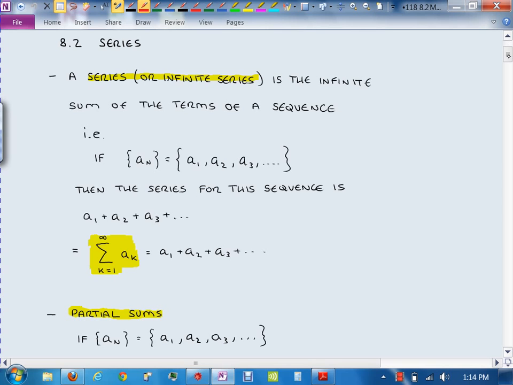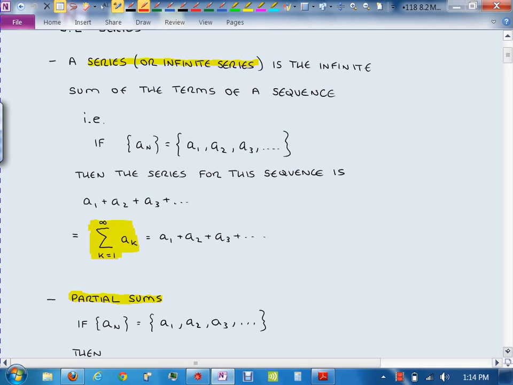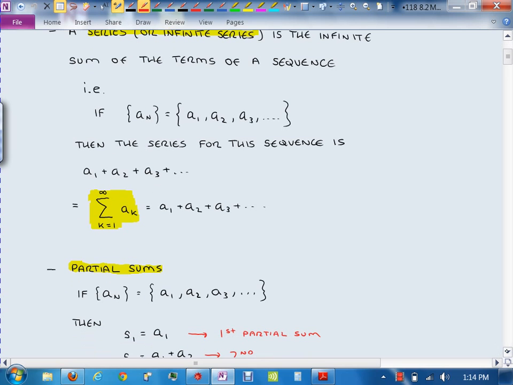So we introduce a new notation here, which is the sigma notation, right? Summation, have we seen that already? This means we want to add things up. Now, what are we trying to add? A sub k. A sub k are the different terms of our sequence. Remember how this index works? Start at k equals 1, then the next one will be k is 2, then k is 3, and k is 4, and the sum means add them.